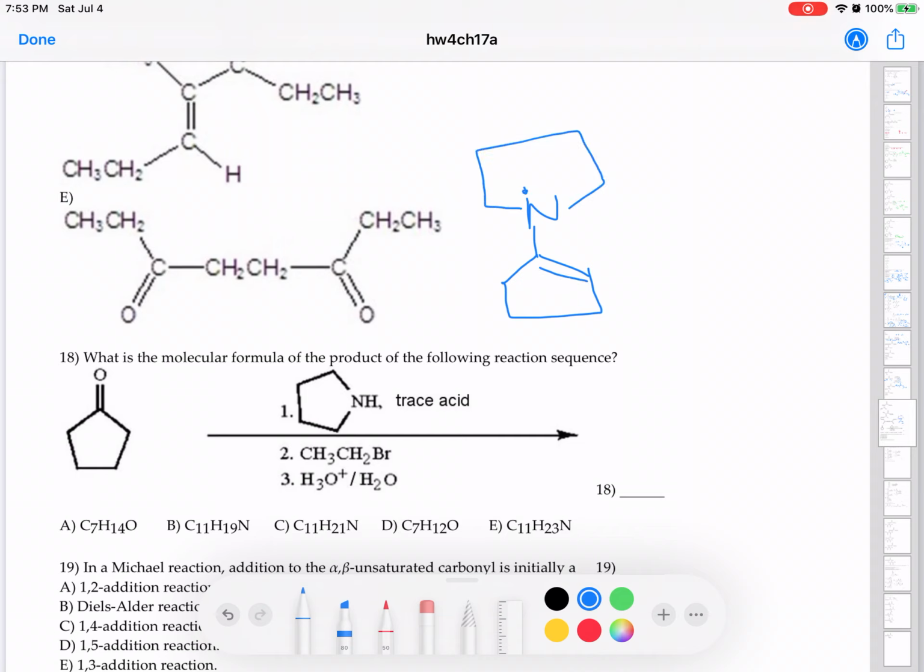So this is the enamine. Once the enamine is formed, that's what happened in the first step. And then the second step, you're going to react it with this CH2, and then you will lose your bromide group. So it's going to form this.